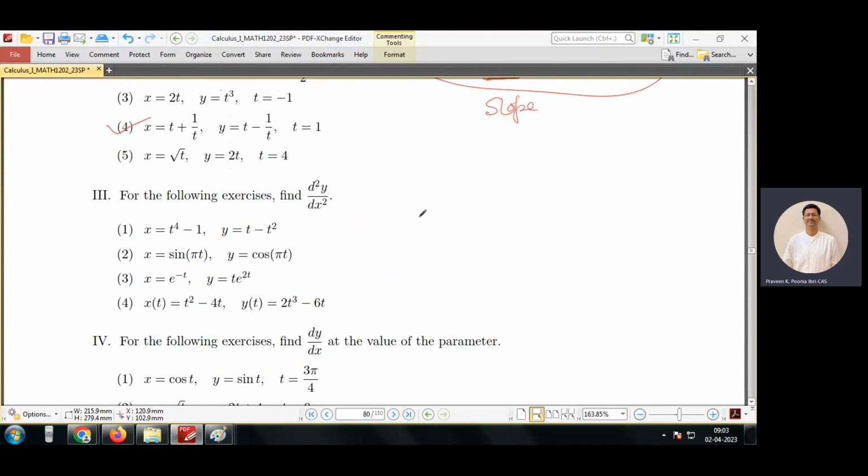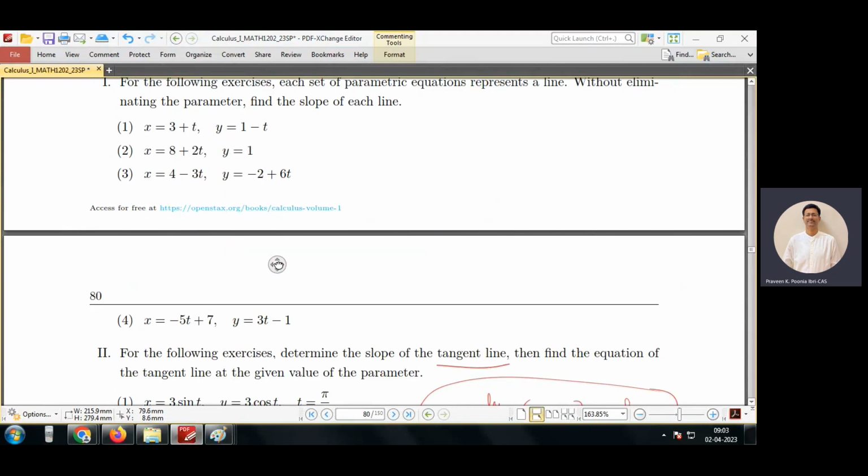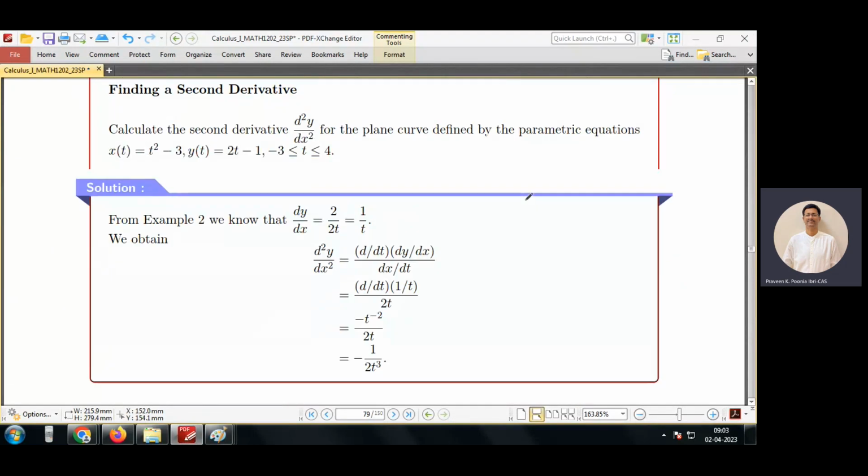Okay, now what is this? This is the question: for the following exercises, find d2y by dx squared. The rule is a little different, so please remember this formula for finding d2y by dx squared. This is the formula for the second derivative.